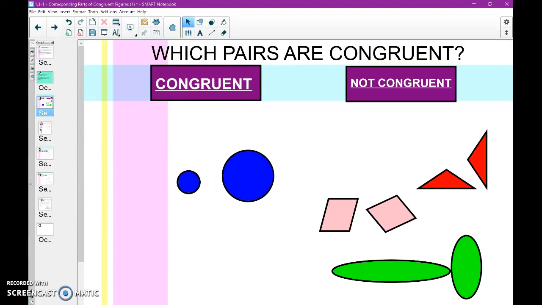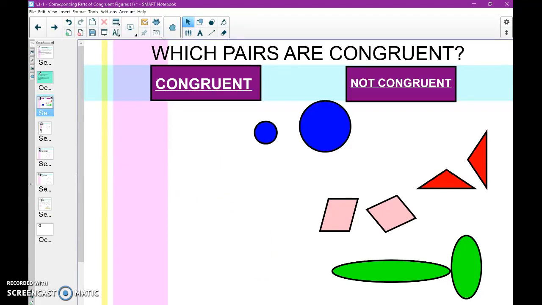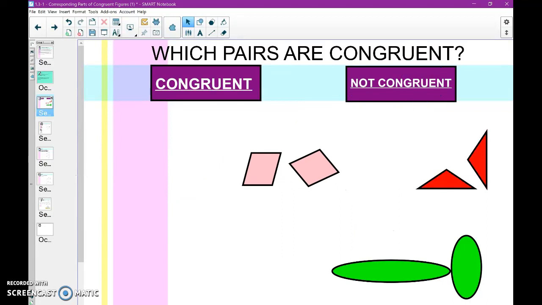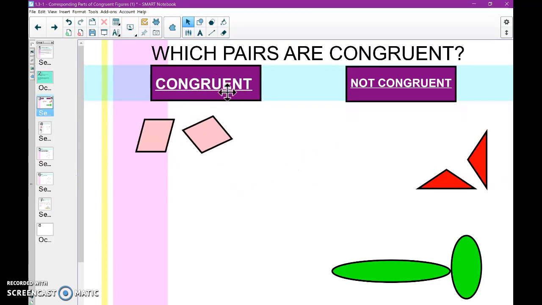Looking at the circles here, they're both circles, but they're two different sizes, so they're not congruent. This one's kind of tricky to tell. You might have to almost turn your head a little bit to see, but they are actually the same exact shape and size. It's just that one is rotated about 90 degrees to one side, but they are still congruent.